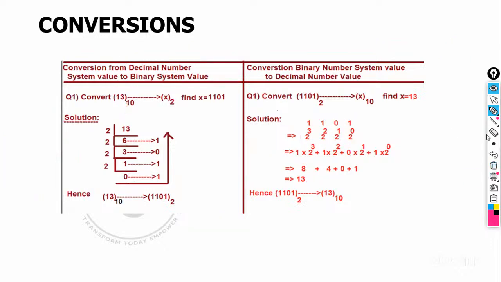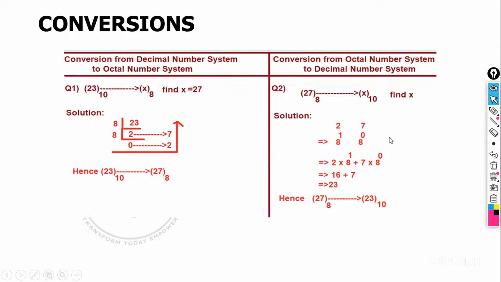In the same manner, I'll also do it for octal. Yes, I'll take a decimal number system and I'll convert it to octal number system. So 23 is a number that I have taken and I'm converting this decimal number system to octal number system. And we are aware that for a decimal number system, the base is 10 and for octal number system, it is 8. So instead of 2 in the previous case, we'll start dividing the decimal number with 8.